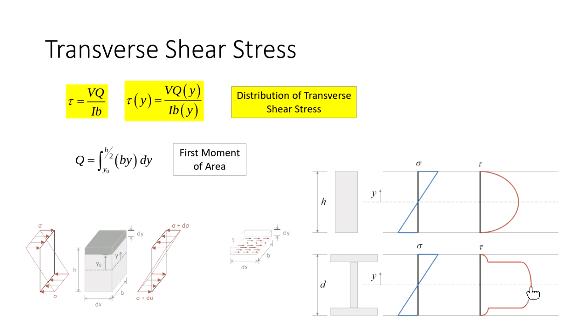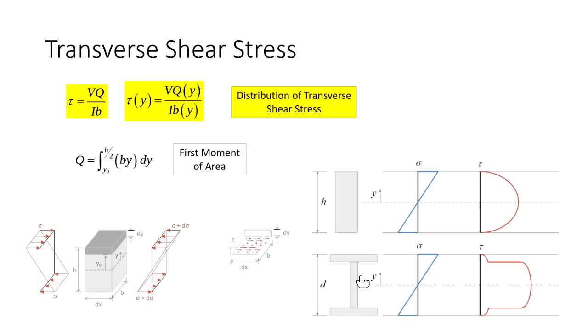But what you find is that for the I-beam, you get this sudden jump, so here's some stress, and then boom, the stress gets a lot bigger. And the reason why there's a shear stress jump is because at that point, the beam suddenly gets thinner. You go from this really, really wide flange, this really, really wide section, to suddenly the width gets really, really tiny. So there's a jump in the shear stress profile.